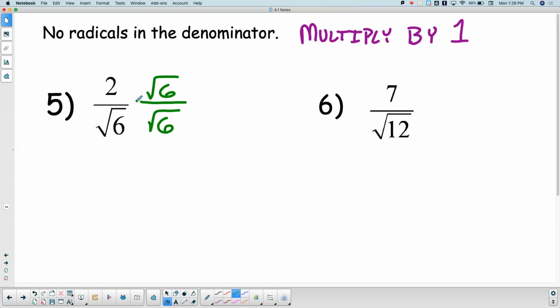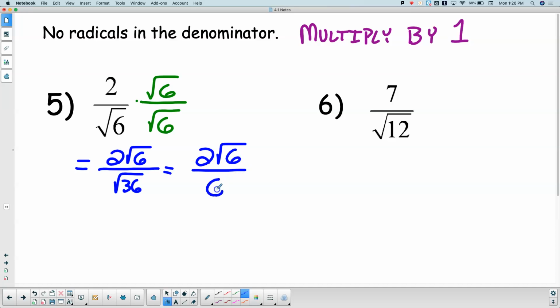By doing that, then my top, my new numerator, becomes 2 square roots of 6. My new denominator becomes the square root of 36. What's the square root of 36? 6. Now I've got a fraction without a radical downstairs.